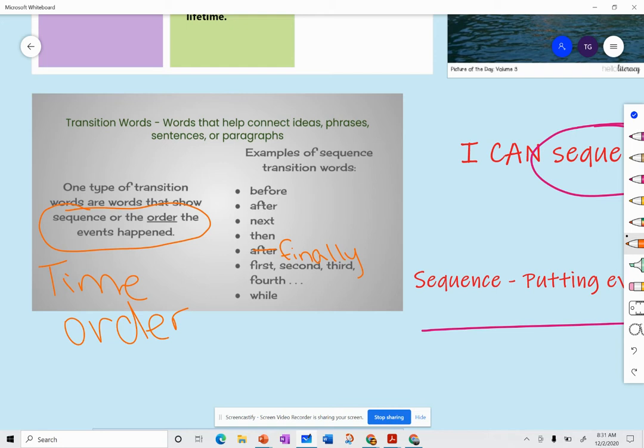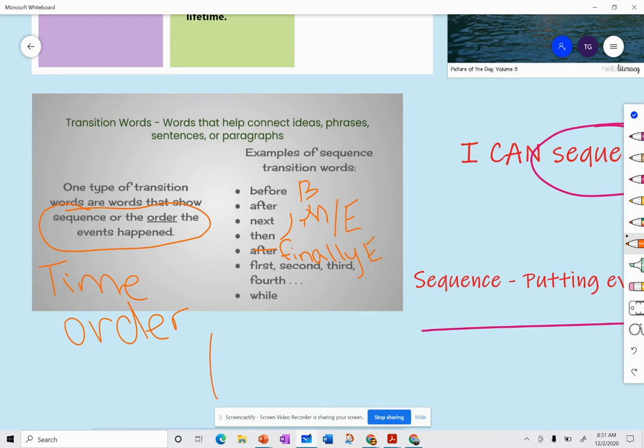So when we see the word before, we know that the event is usually taking place at the beginning. Usually, not 100%, but usually it's at the beginning. After, next, and then can be either in the middle or at the end. Finally is the end.